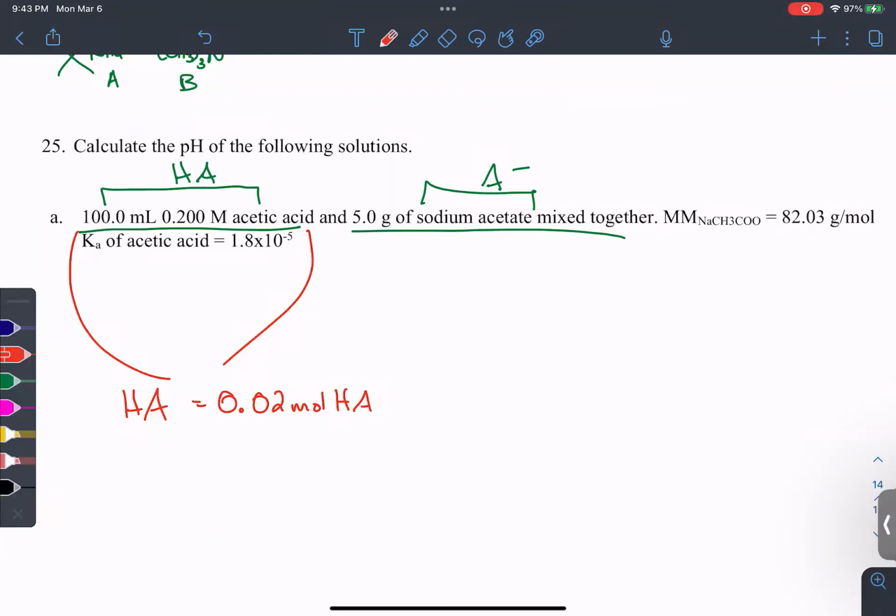And I give you the molar mass. So we can take those 5 grams of sodium acetate and use the molar mass. That 82 goes where, on the top or the bottom? Bottom, good. 82 point whatever grams, 1 mole equals something.